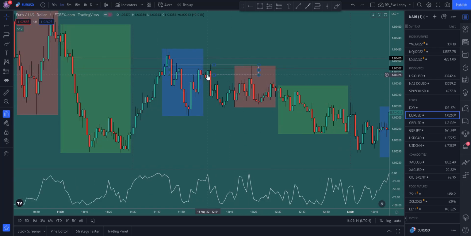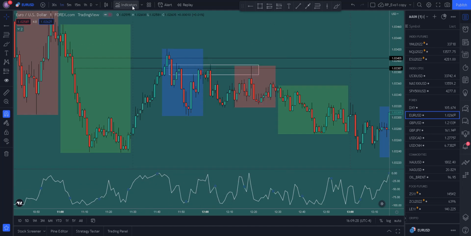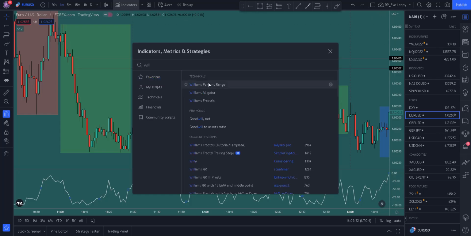And also, let's look at this imbalance. You can see that when this imbalance was created, you can kind of notice here below the Williams percent R. Oh, let me show you first the settings, right? So Williams percent R, if you go to indicators, I'm using this one, the very first one, Williams percent range.